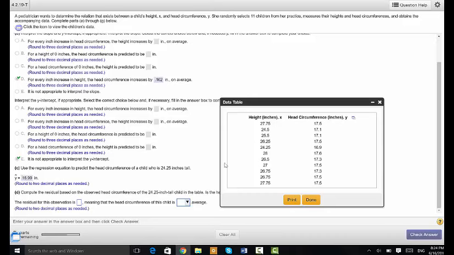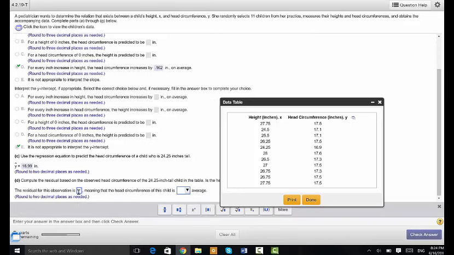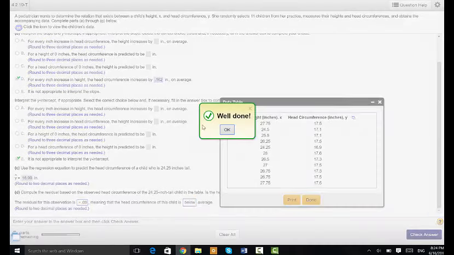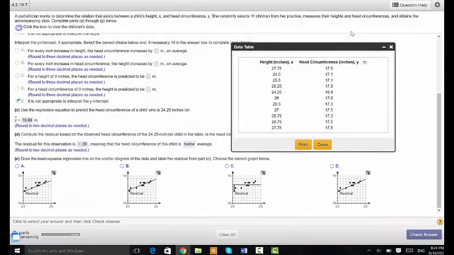So you use 16.9 minus 16.99 to get the residual. The residual is a negative number, negative 0.09. If the residual is negative, that means the head circumference of that child is below average. Let's check the answer. Well done. Good job.